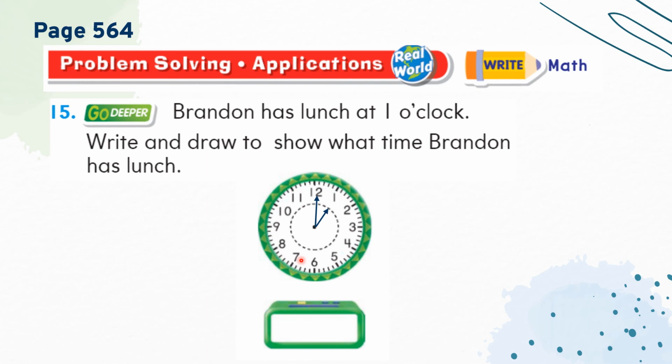The hour hand should be a little shorter than the minute hand. Alright? Look here. The hour hand is shorter than the minute hand. The hour hand is pointing at 1 and the minute hand is pointing at 12. And this exactly shows 1 o'clock. This one is the hour and 00 are the minutes. So it's 1 o'clock on the digital clock as well.